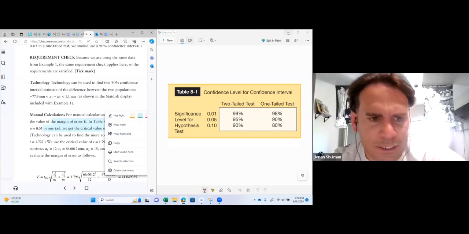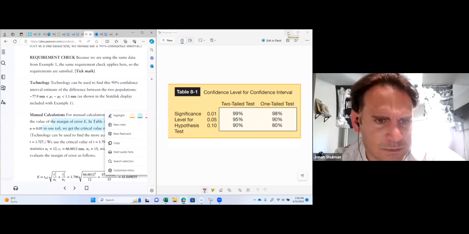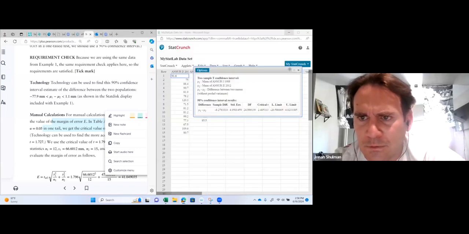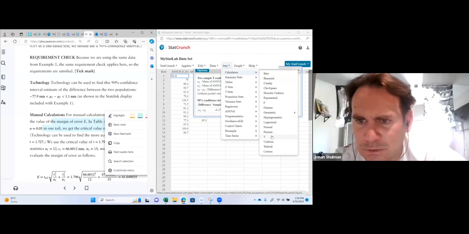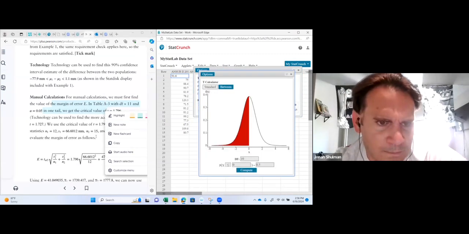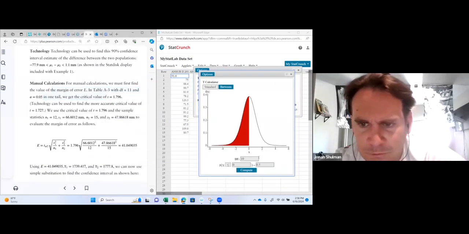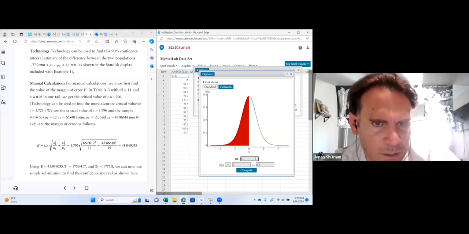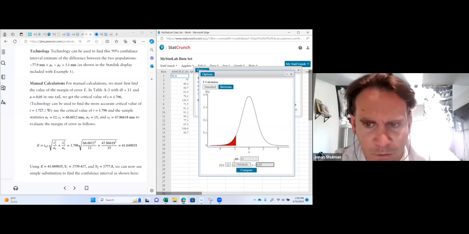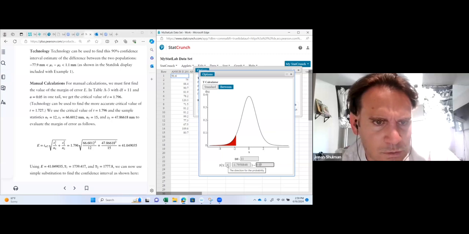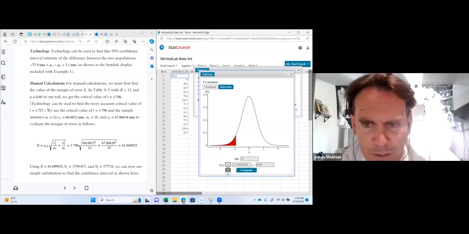Okay, so we should be able to get a different t statistic. So here we go. Calculator, t statistic. Degrees of freedom is 11. We want a 0.05 with one tail, but we want this in the other direction.